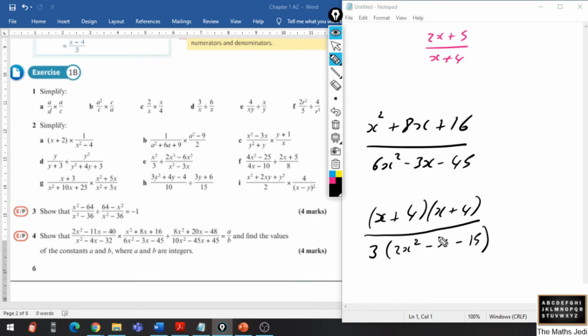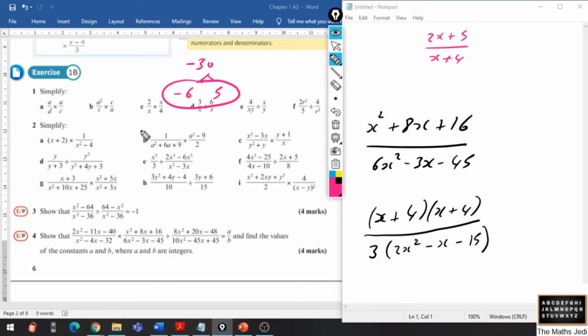And then we're looking for factorisations of 2x squared minus x minus 15. So again, you could do that in a variety of ways, by inspection or by the second method. So I'll do that again the second way. So 2 times minus 15 is minus 30. And I'm looking for factors of minus 30. So minus 6 and 5, I think will do it. So minus 6 and 5, that makes minus 1.